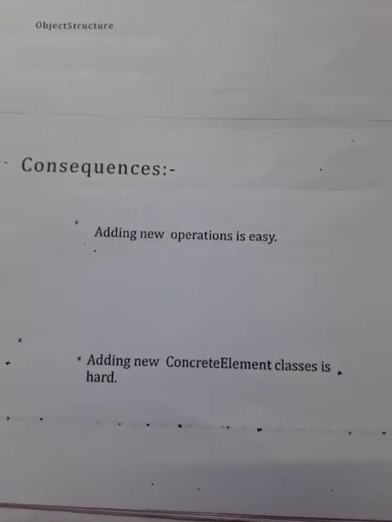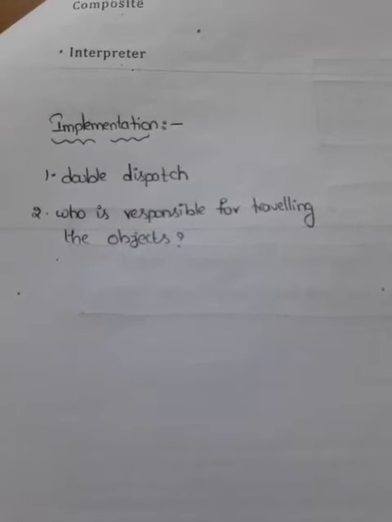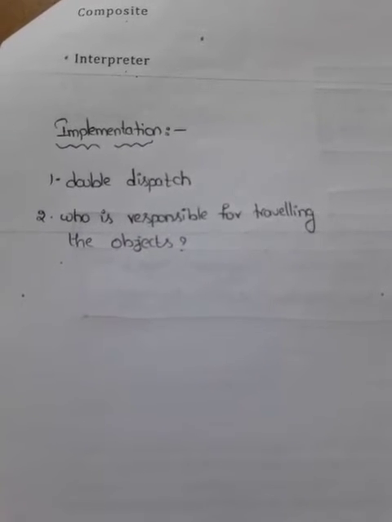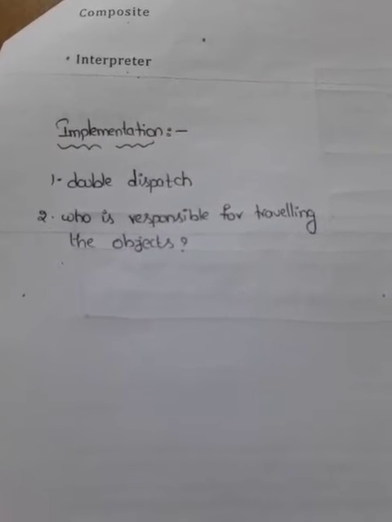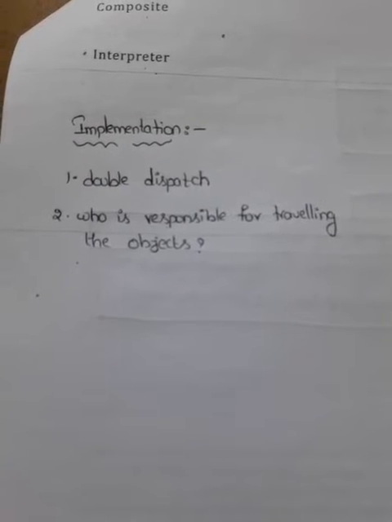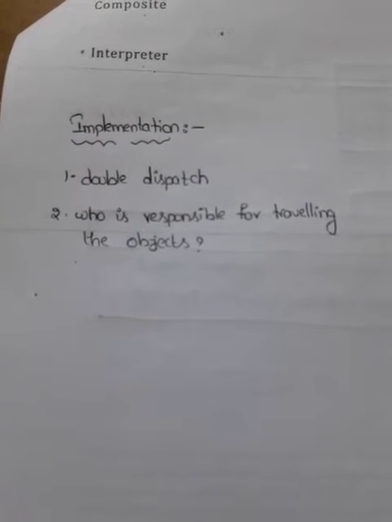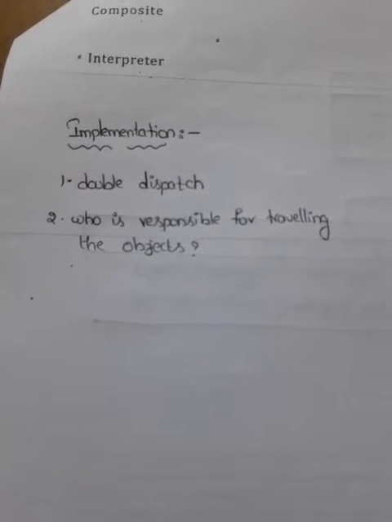Coming to our next template, that is nothing but implementation. Coming to implementation issues in our visitor pattern, in this each object structure will have an associated visitor class. This abstract visitor class declares a visit operation for each class of concrete element defining the object structure.